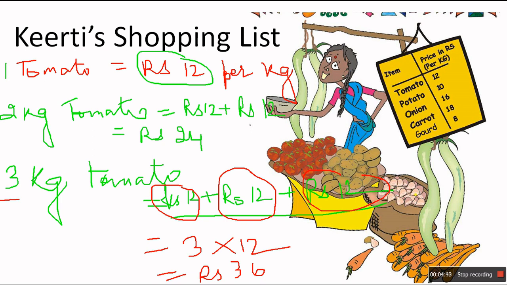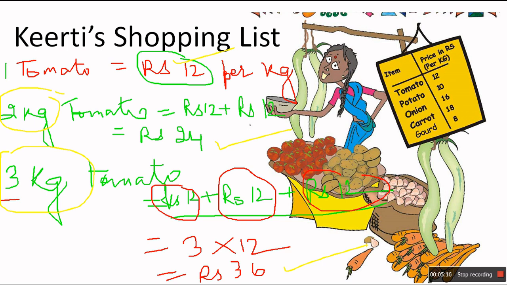For 1 kg we are paying 12 rupees, for 2 kg 24 rupees, for 3 kg 36 rupees. Means with every additional 1 kg we are paying an additional 12 rupees. In this way we can calculate the price of any kg. More the quantity, more the price.